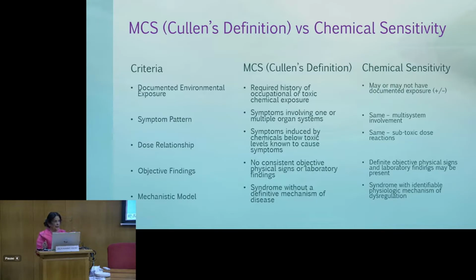We do see our patients not having only symptoms, but multiple objective signs, and we do have multiple mechanisms which were discussed yesterday and today, so I would say that we have chemical sensitivity more than multiple chemical sensitivity.